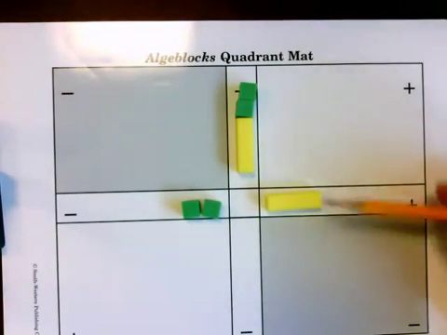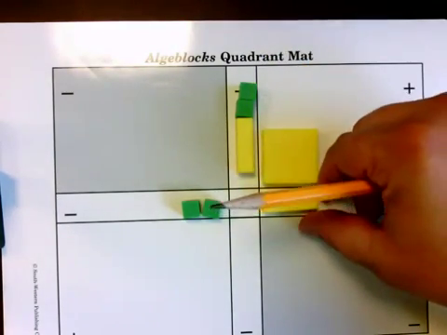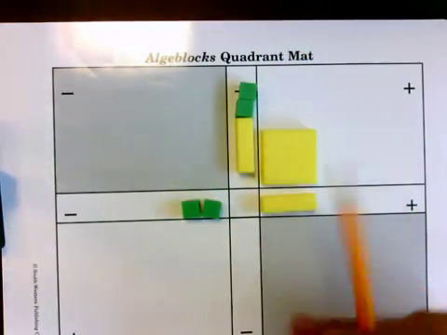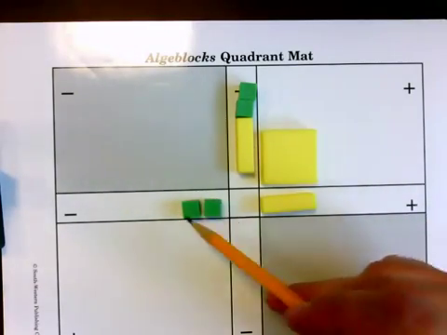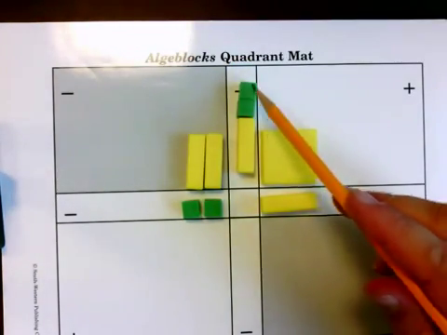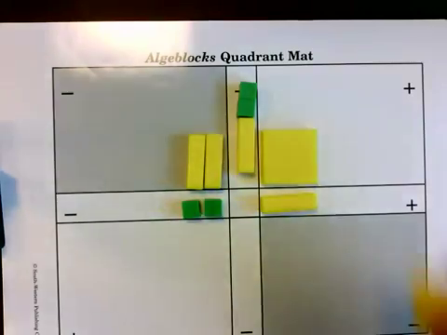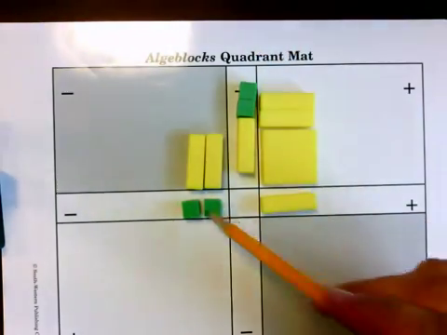If we look at this, we notice we have to go and create our x squared. Now we also have, as we did, x times negative 2, 2 times x, and 2 times negative 2.